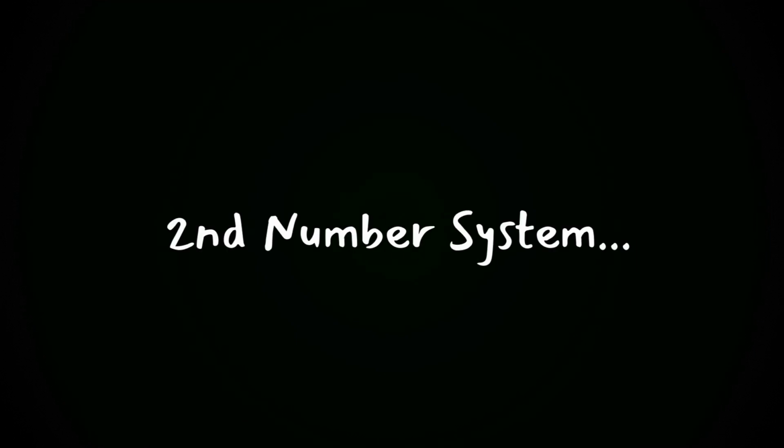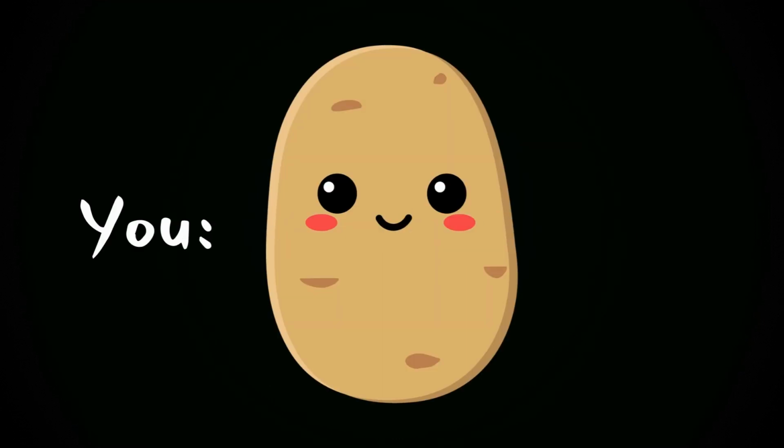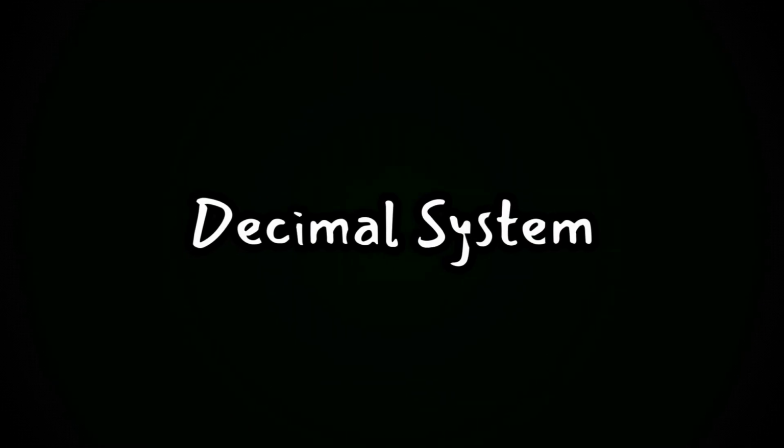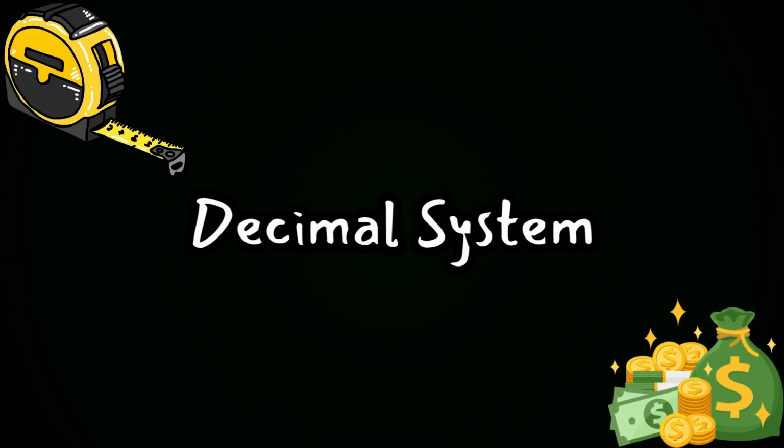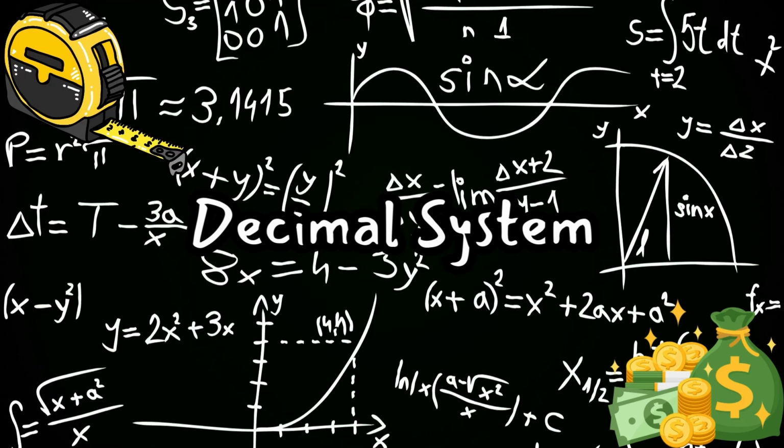Now that you hopefully understand, let's get on with the second number system. It is the one you should be familiar with. If not, I wouldn't be surprised if you were a vegetable. It's called the decimal system. It's used everywhere in life for money, measurements, and anywhere you see numbers. The decimal system is for humans to understand the value of something.